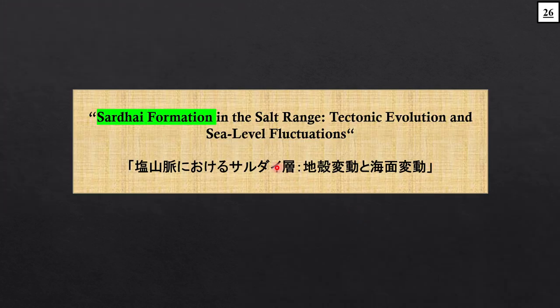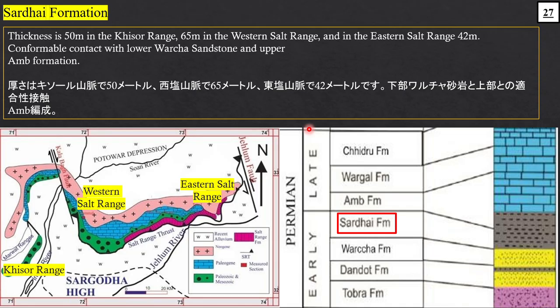Lastly is the Sardhai Formation, in which we have a marginal marine system. The Sardhai Formation thickness is 50 meters in Jhelum, 65 meters in the western side, and 42 meters in the east.